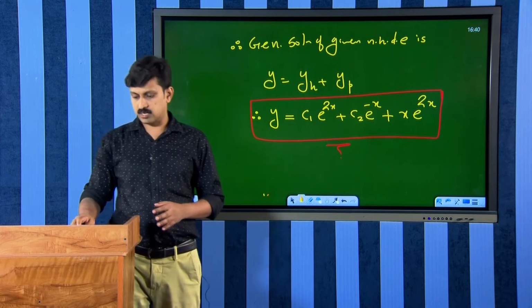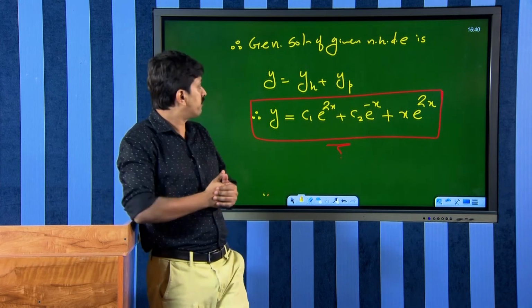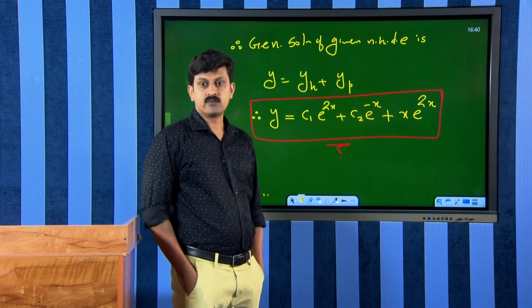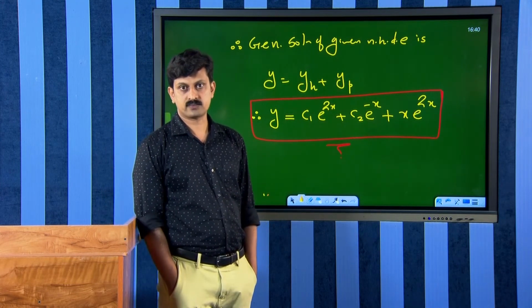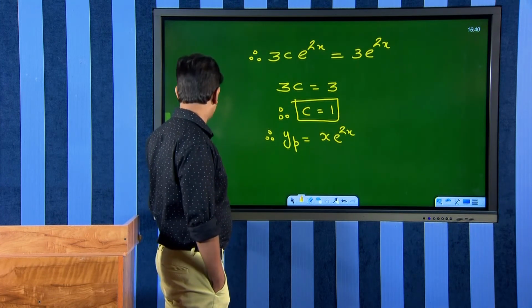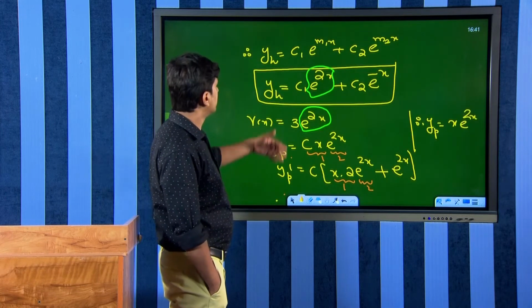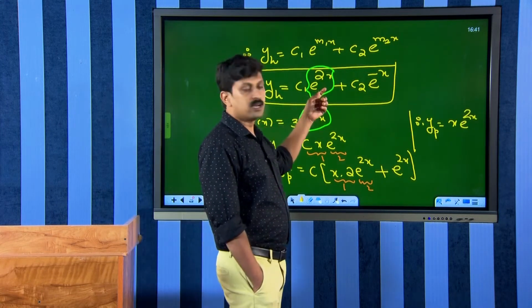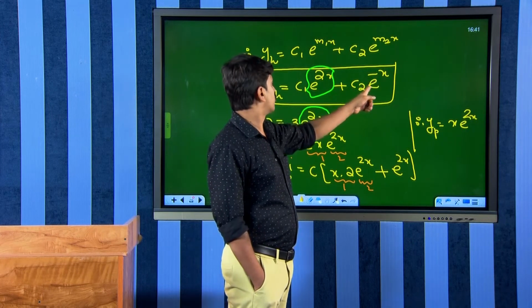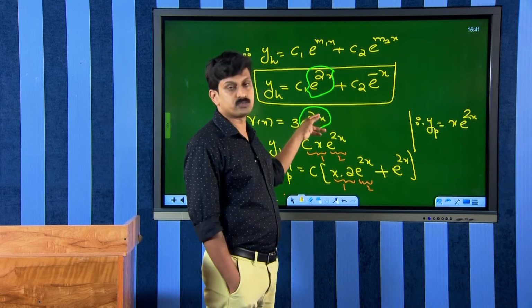This is the general solution of the given non-homogeneous equation. See, dear students, what we did is that we just multiplied by x. While evaluating yp, we have the independent functions e raised to minus x and e raised to 2x, and r of x is equal to 3 e raised to 2x.